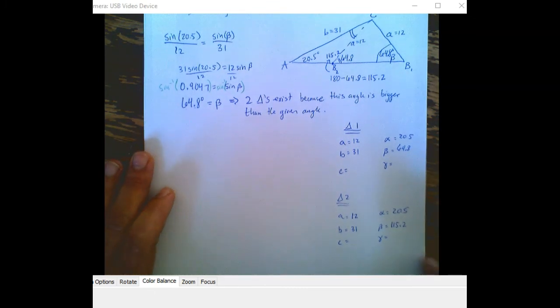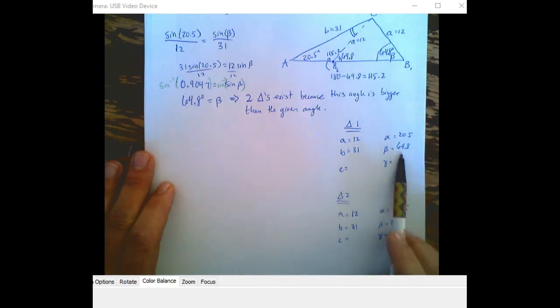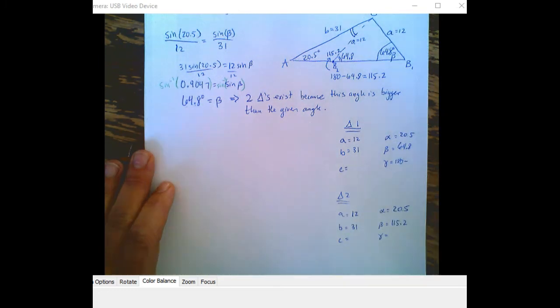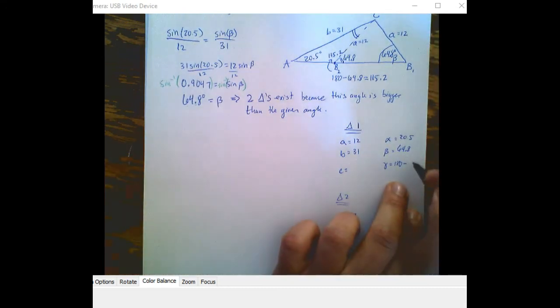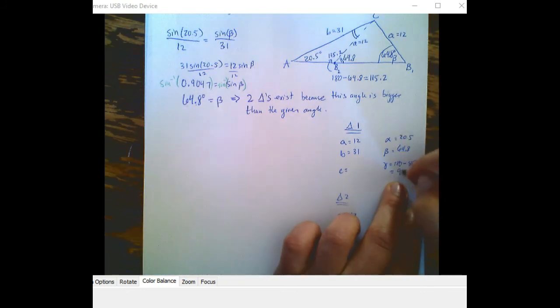Okay. We can find gamma in both cases by just subtracting from 180. So this gamma is 180 take away the sum of those two angles. So it'd be 85.3 or 94.7 degrees.